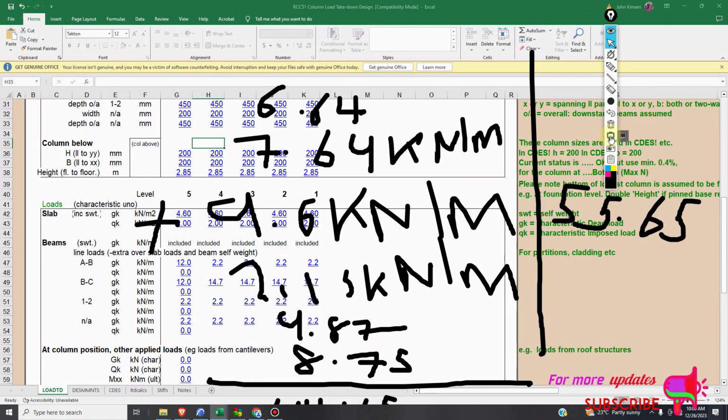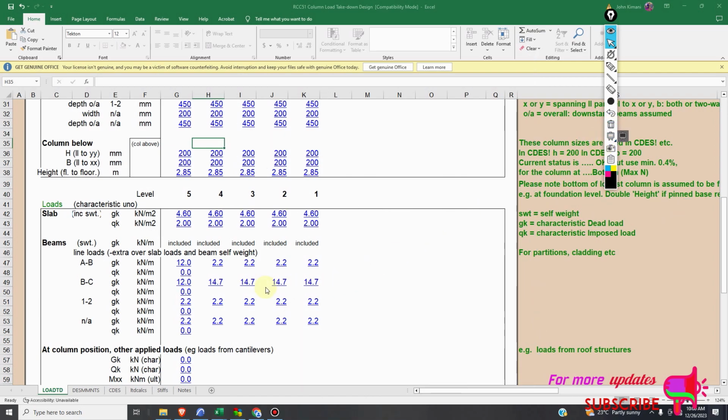So let me grab everything. I'm going to delete that. It changes automatically.